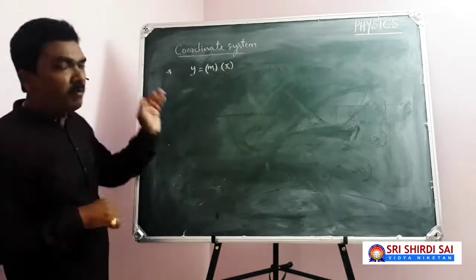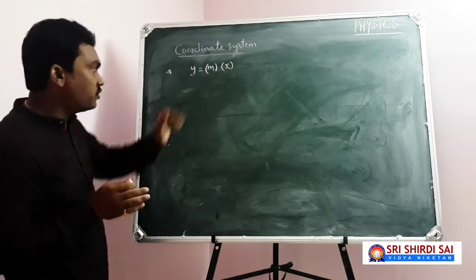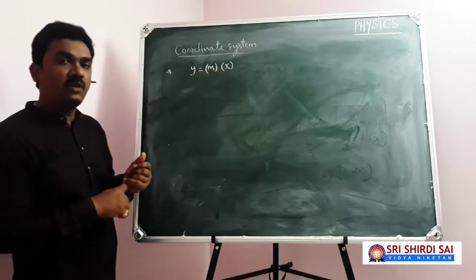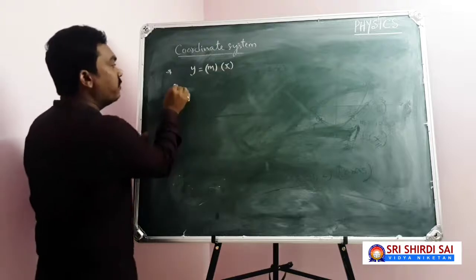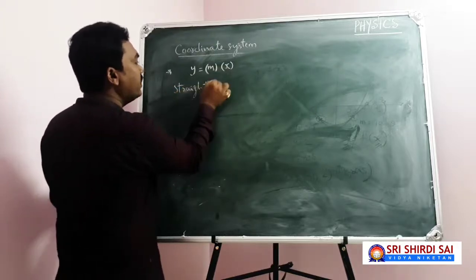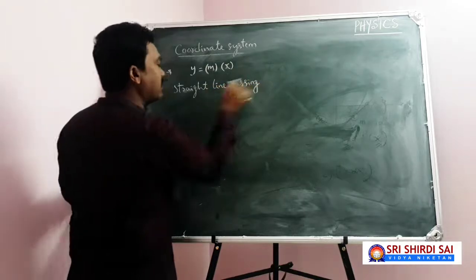So if any mathematical equation is of the format y equal to m into x, then the graph is a straight line passing through origin.